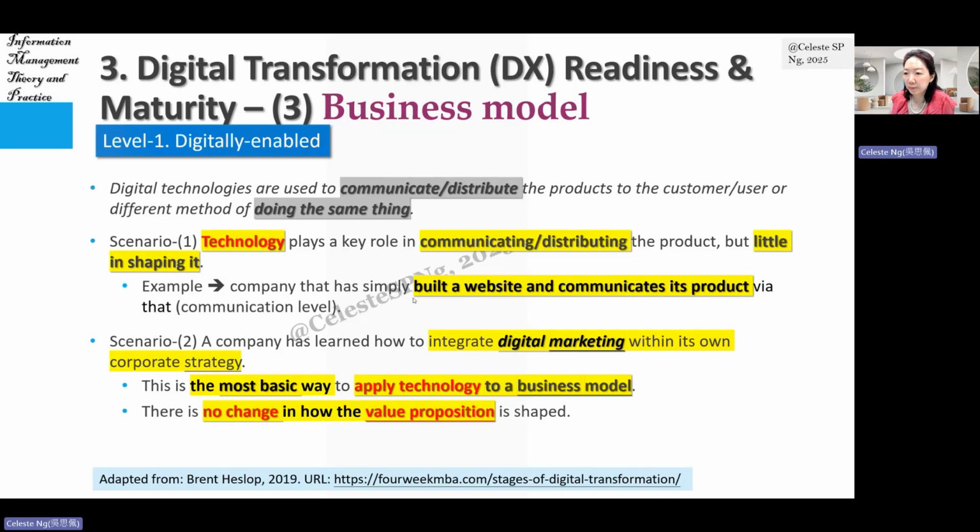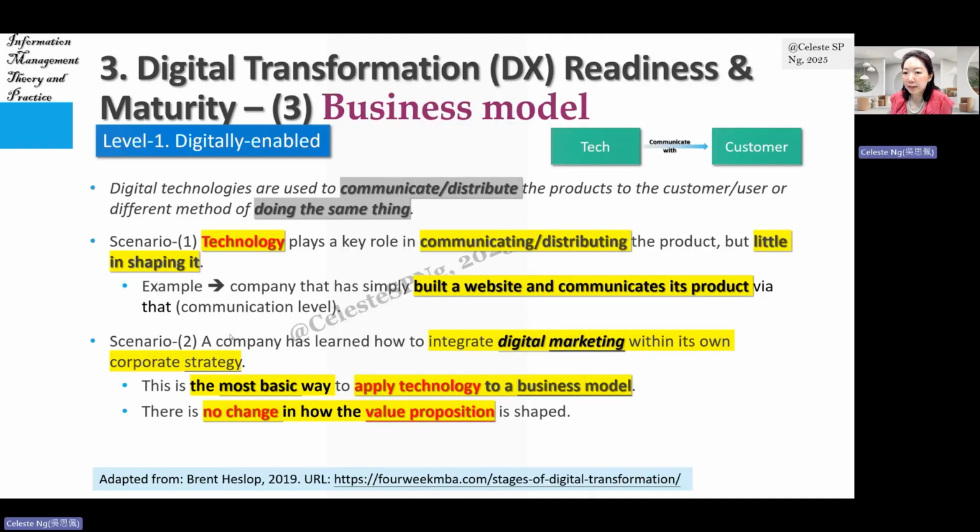For example, a company simply builds a website to communicate its product or service. And this technology can be a web app, or, for example, a website, or an e-commerce site. This is the first scenario of digitally enabled.